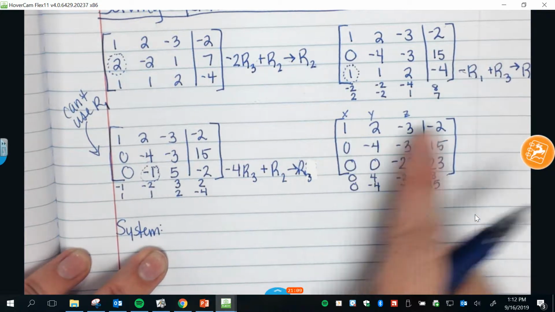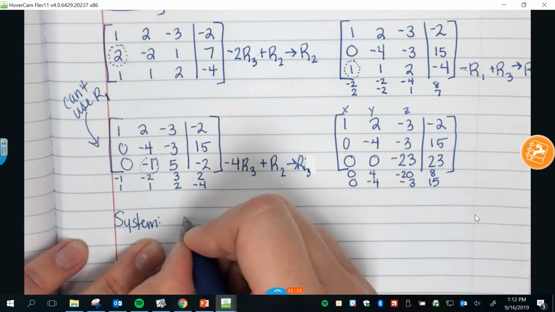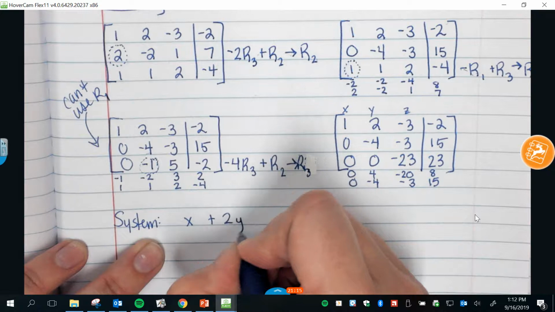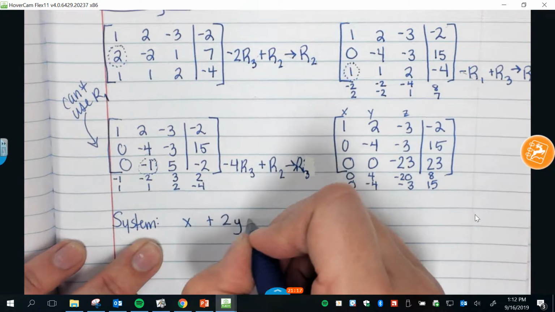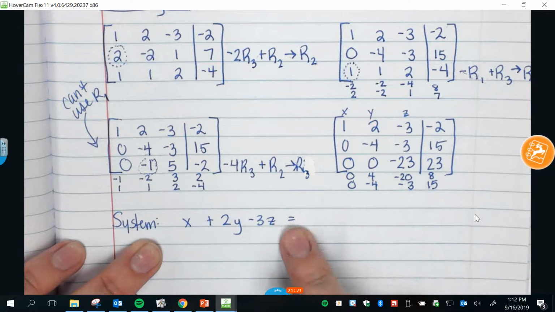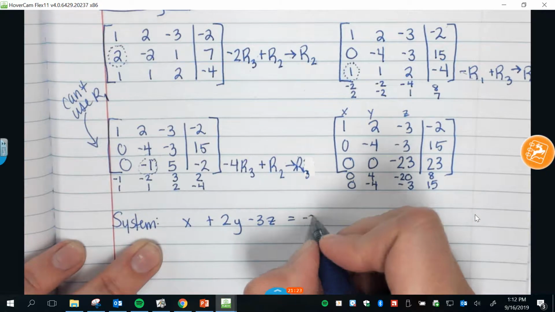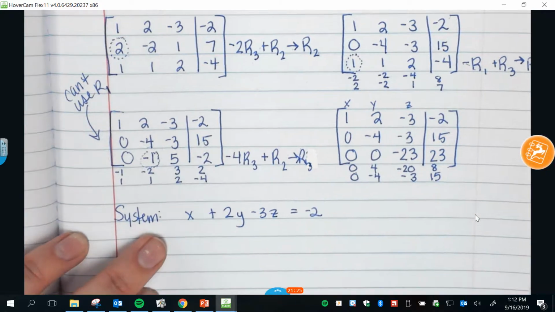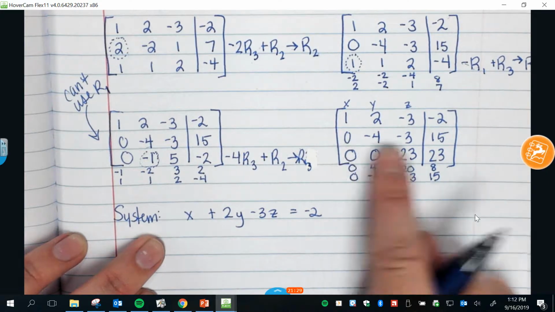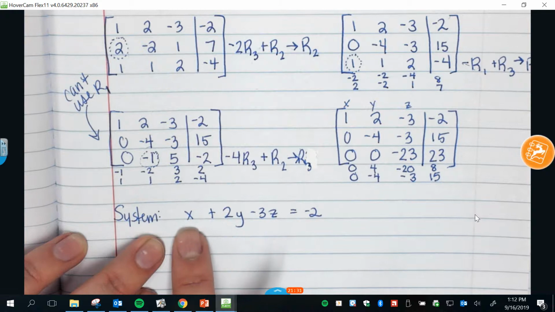They're the coefficients. So our system would be x plus, this 2 means 2y, that minus 3 means minus 3z. That big long line, remember, was our equals, negative 2. And then our second row, that's 0x, but I don't need to write 0x.